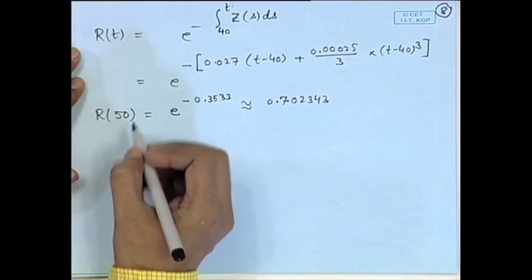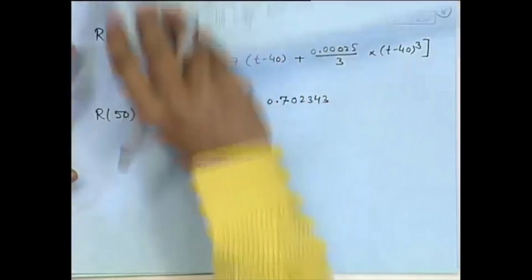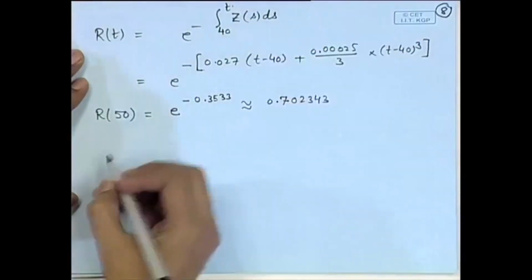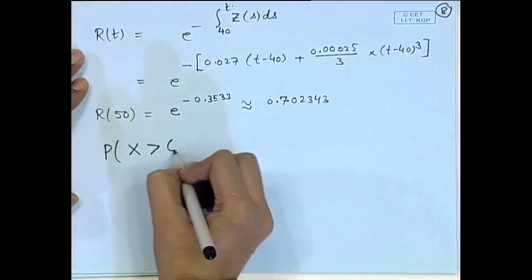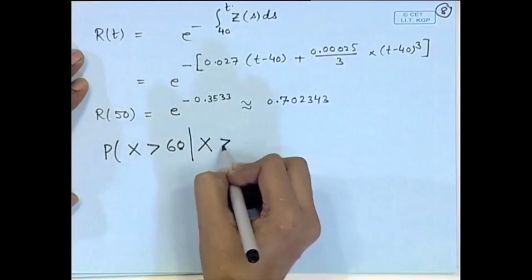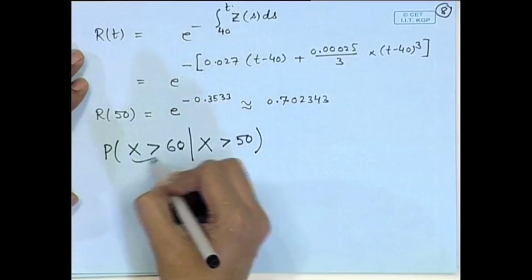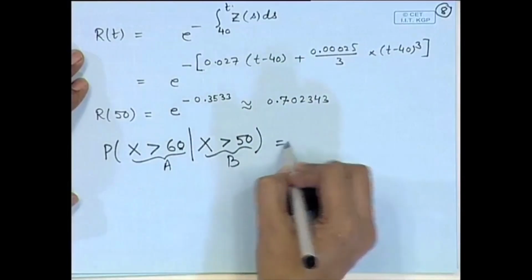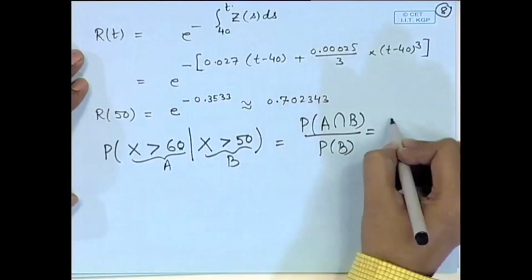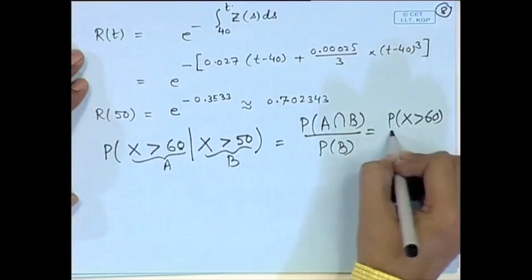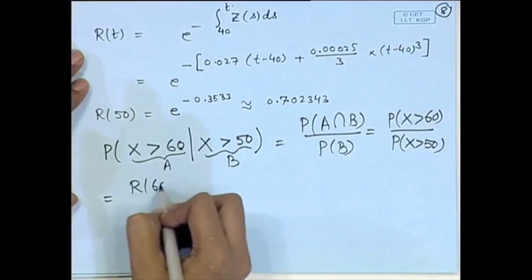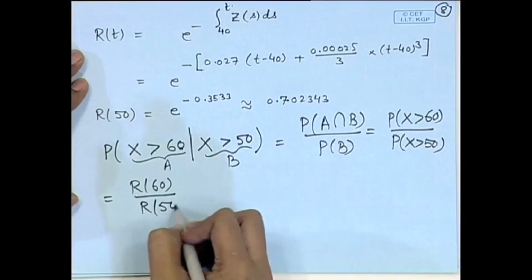If he survives to age 50, what is the probability that he will survive till age 60? This is a conditional probability that he has life up to at least 60, given that he has survived till 50. If we consider this event as A and this event as B, then it is probability of A intersection B divided by probability of B, which is equal to probability x greater than 60 divided by probability x greater than 50, the ratio of the reliabilities at t equal to 60 and 50.